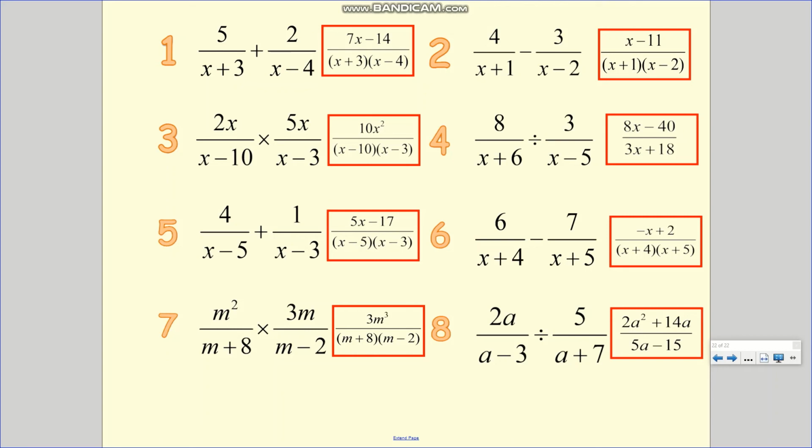Number 5 is 5x minus 17 over x minus 5 times x minus 3. Number 6, negative x plus 2 over x plus 4, x plus 5. Number 7, 3m cubed over m plus 8 times m minus 2. And the last one, number 8, 2a squared plus 14a over 5a minus 15.